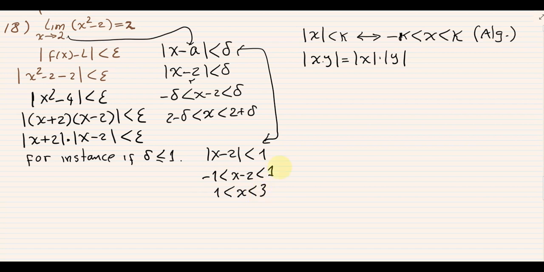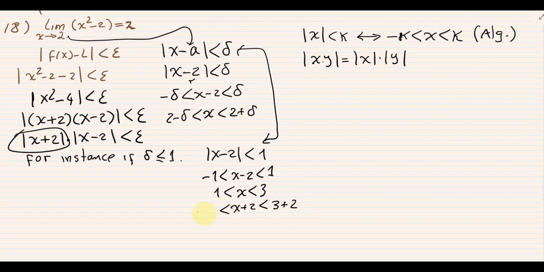Correct? Now, at this point, what I need to do is create that factor of x plus 2 that appears in my epsilon expression. So because it is x plus 2, I'm going to add 2 to all parts. I grant you this for sure, this is a creative step, and of course practice helps.